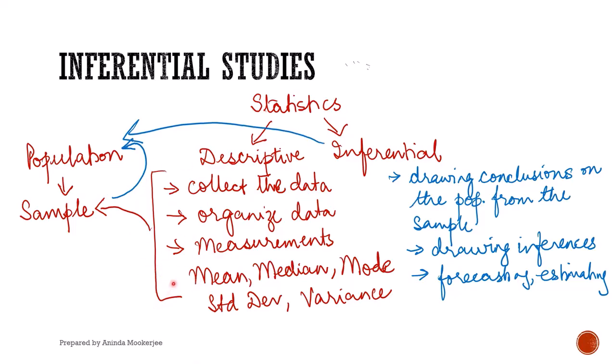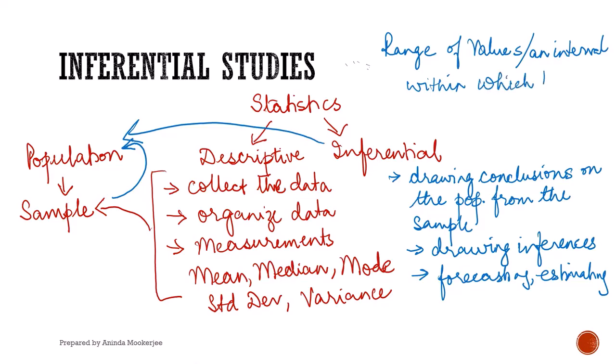Therefore, there is a strong probability that there's going to be some difference between the sample measures and the population measures. So instead of giving a specific value for the population mean, we give a range of values, also called an interval, within which the population mean might fall, within which the population measures might be or might fall.